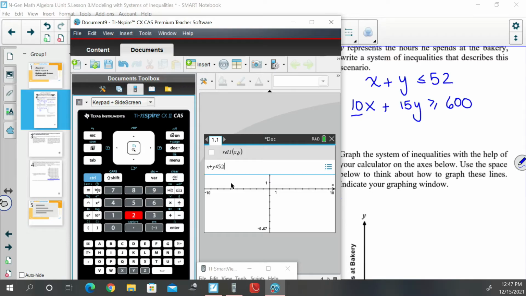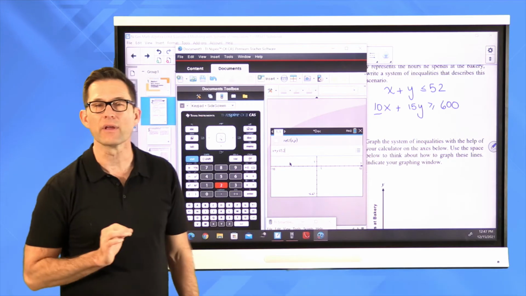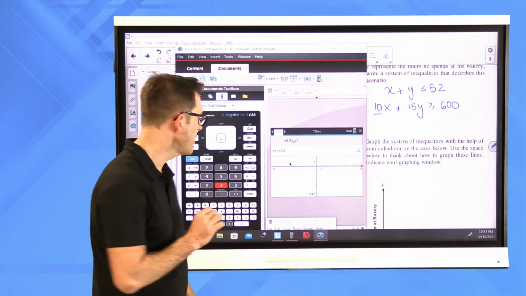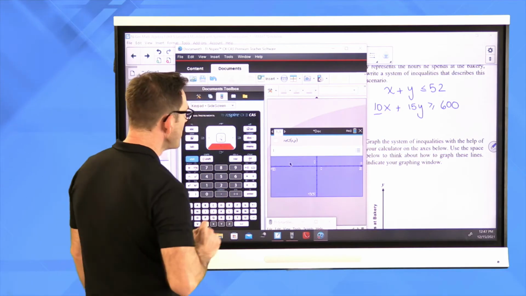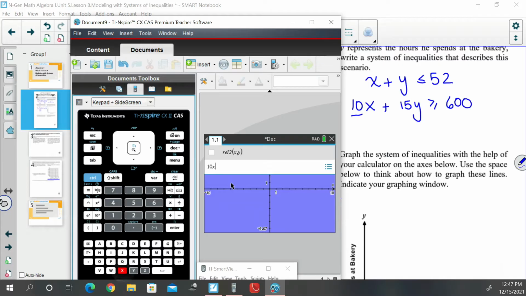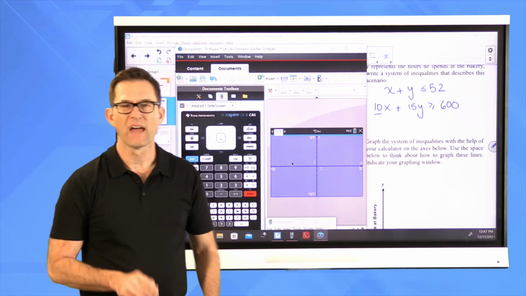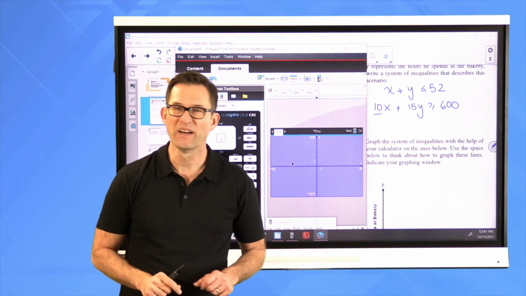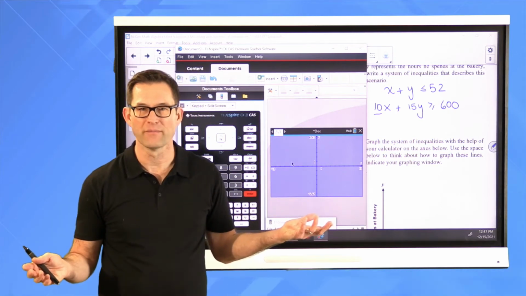I hit my down arrow, which allows me to put in a second relationship, 10x plus 15y must be greater than or equal to 600. Enter. Now, that's not telling me a lot. It's just not doing much for me.